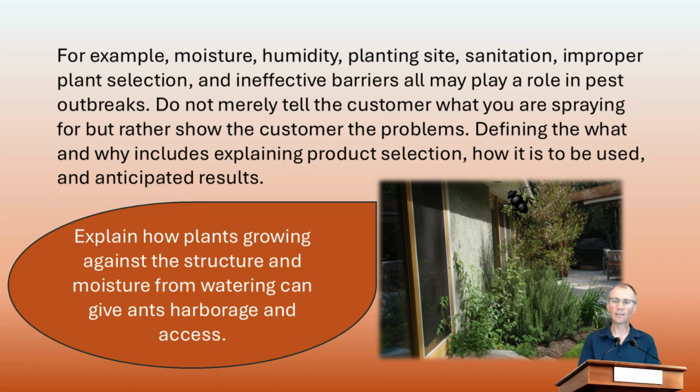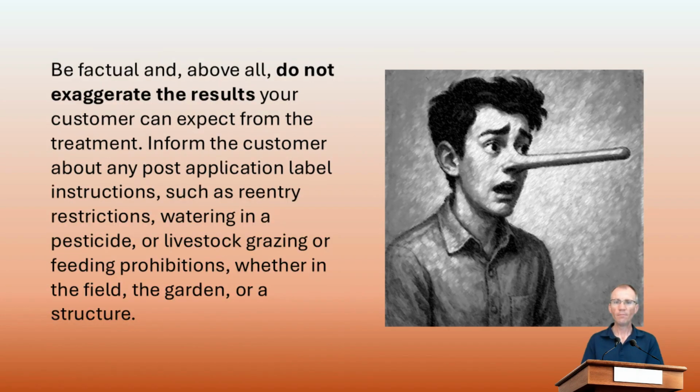The reality is, if we don't explain and set the expectations with the homeowner that this needs to be corrected, we're never going to effectively solve that ant problem because we're not taking a look and doing what we need to treat the source itself.